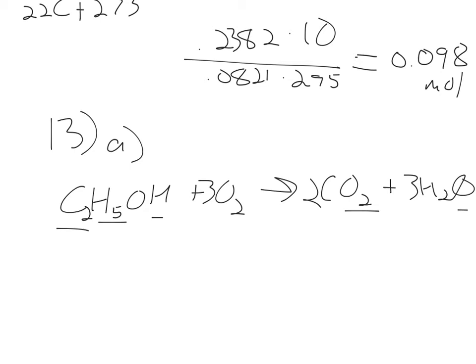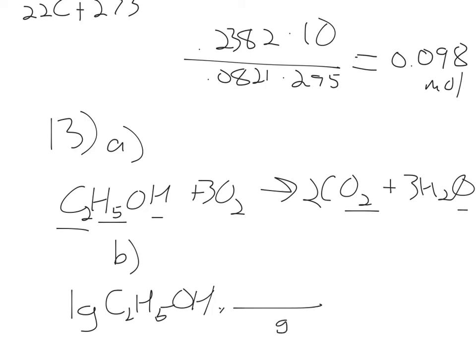Alright, that's A. B: Calculate the moles of oxygen needed to completely combust the ethanol. Alright, stoichiometry time. 1 gram of ethanol, C2H5OH, times, I want to get rid of grams of ethanol.